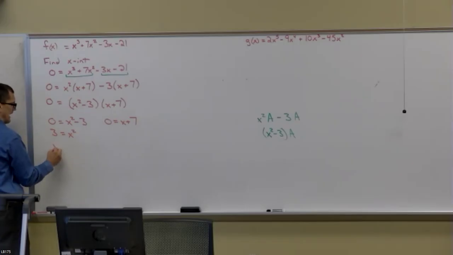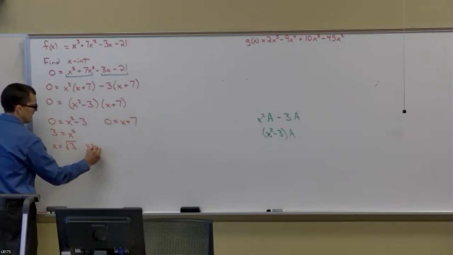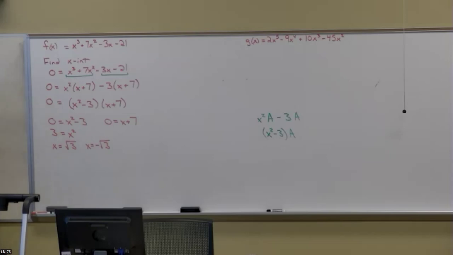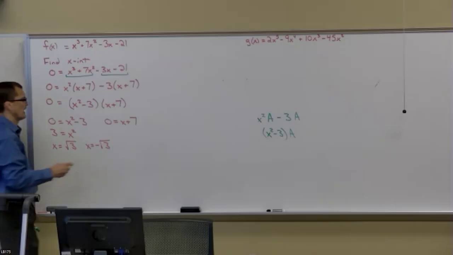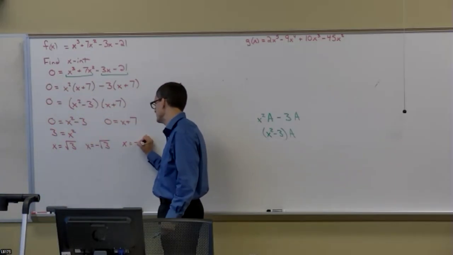That means x could be equal to the positive square root of 3, or x could be equal to the negative of the square root of 3. We've done that trick before. It shouldn't be too crazy. And then over here, the only option is x is equal to negative 7.